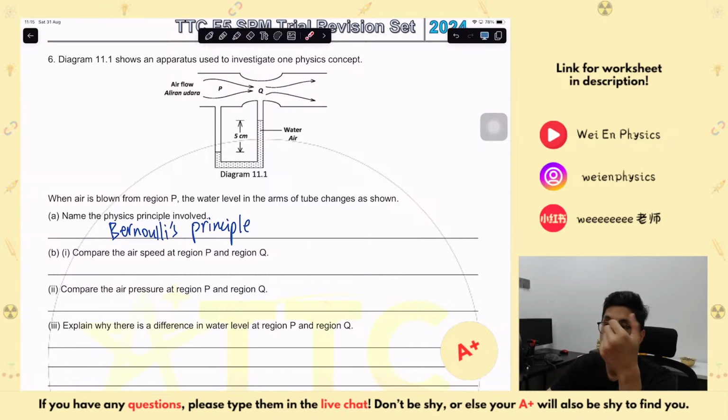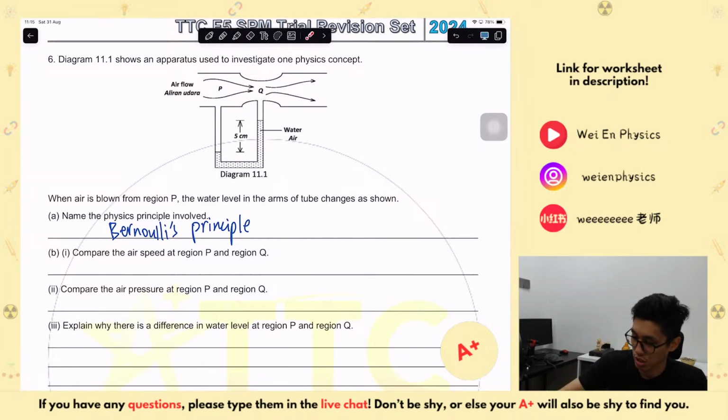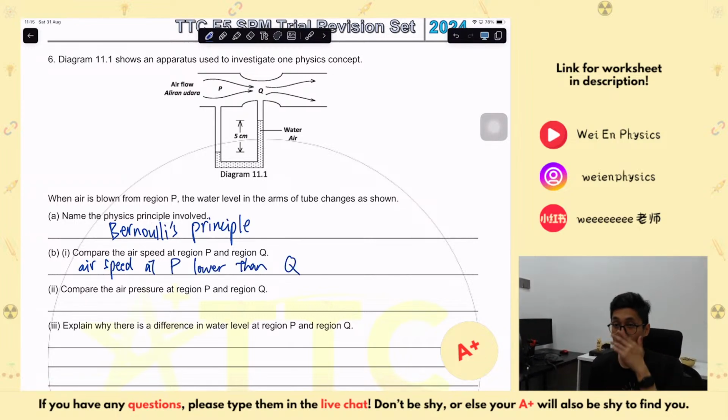Just like if you take the hose, the pipe, and you cover half of the pipe, the water will start to come out faster. It's the same idea because it's a smaller space. So you can say the airspeed at region P is lower than region Q. Q is faster.